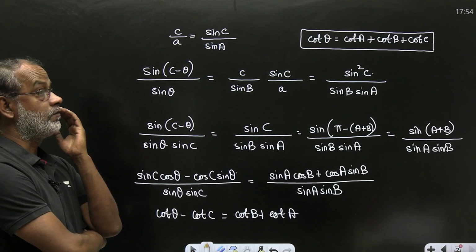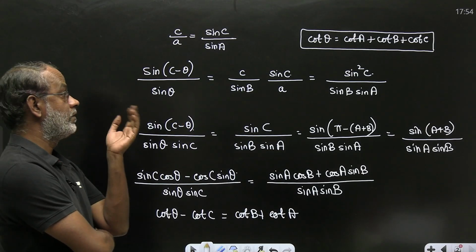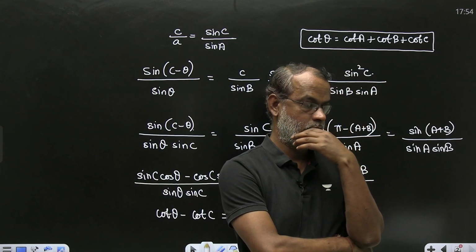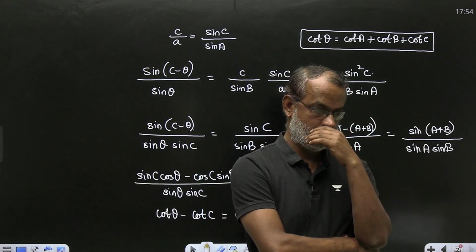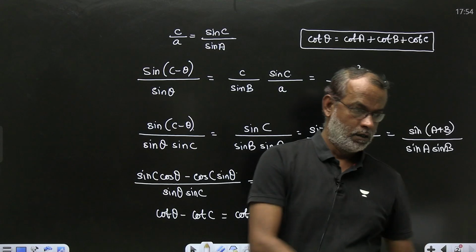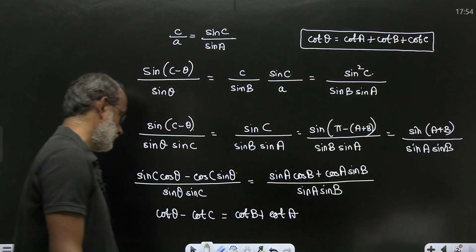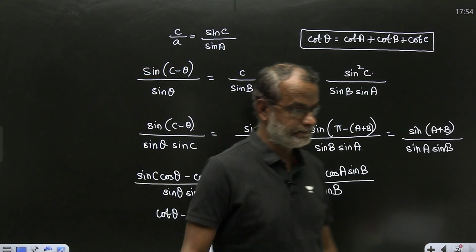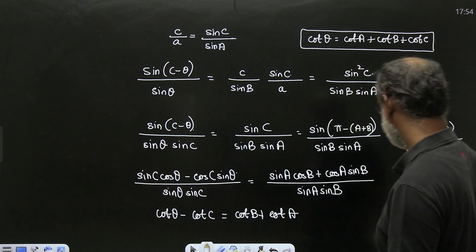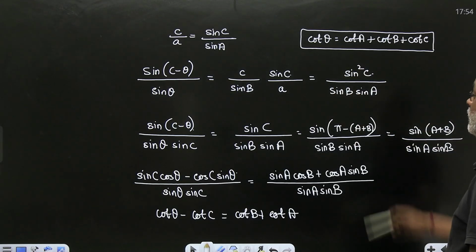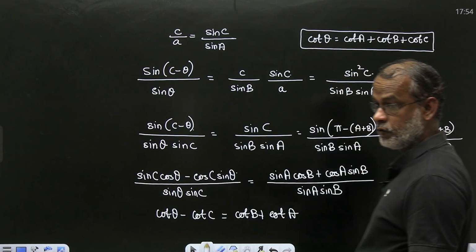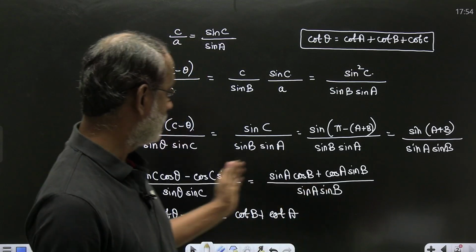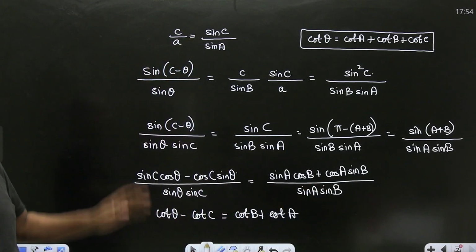If the triangle is equilateral, the corresponding point will be the centroid. Okay. Fine. So this is the use of sine rules. Whenever you are not able to think of a geometrical way to proceed in the problems, a very good way to deal with such problems is this.